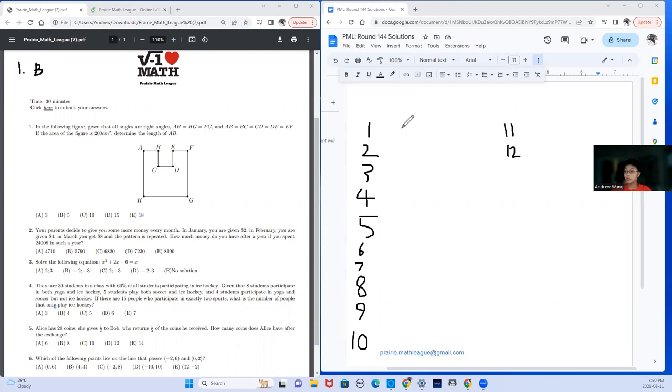We can see a pattern where it is multiplied by 2 each month. January, 1 with $2. February is $4.